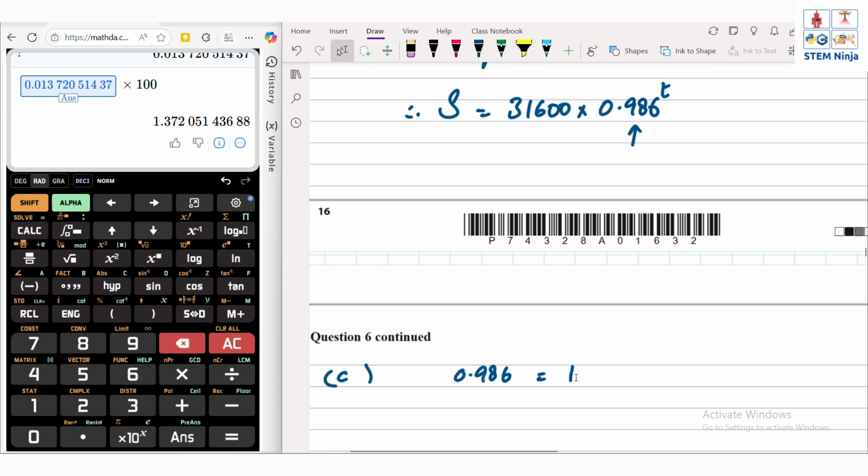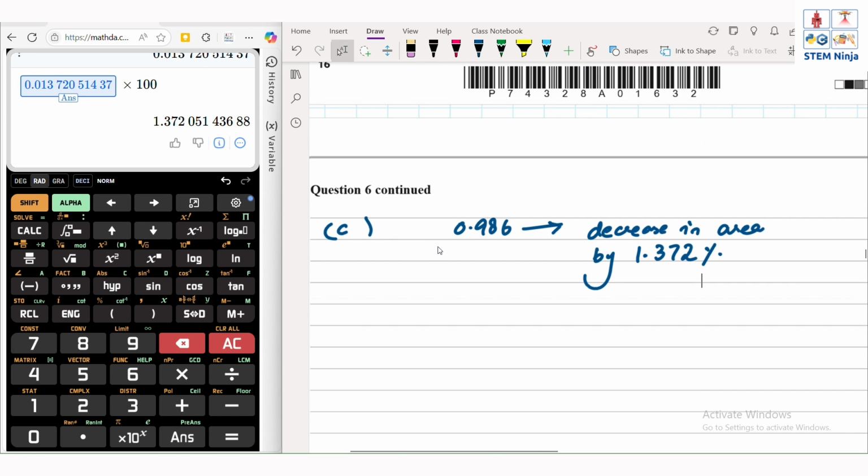So the final answer: 0.986 is 1 minus 0.98, sorry, no. It represents a decrease in area by 1.372%, because this is actually 98.6%, right?